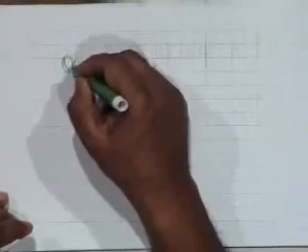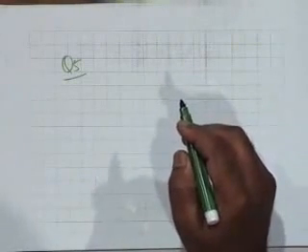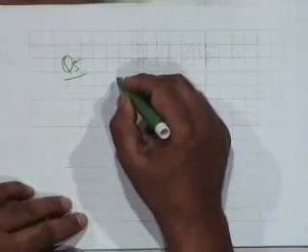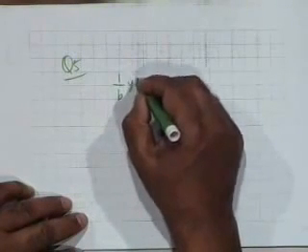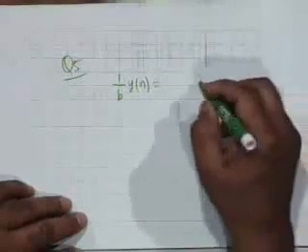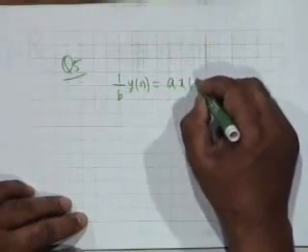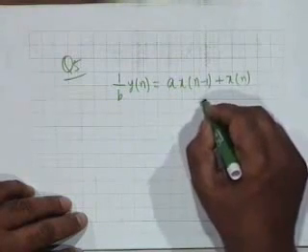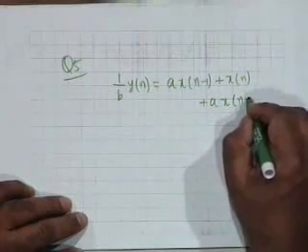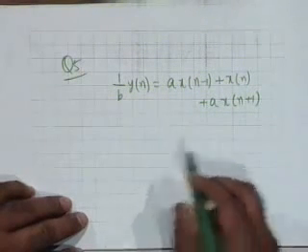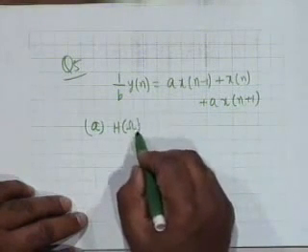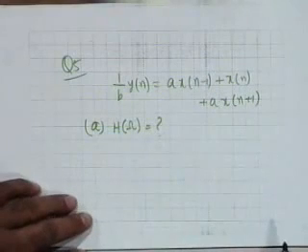Question 5 was the simplest of all. Question 5 says, a linear LTI system is described by the difference equation 1/b y of n equal to a x of n minus 1 plus x of n plus a x of n plus 1. And the first question was, what is the frequency response of the system, h of omega?